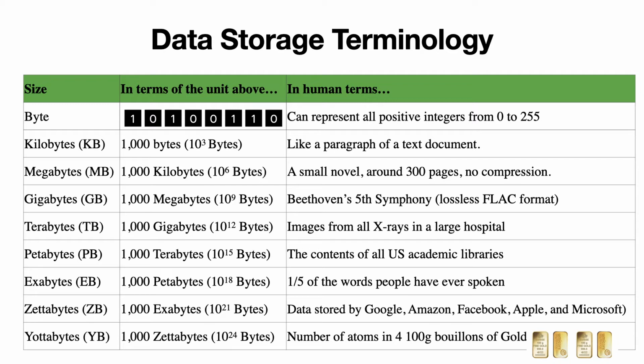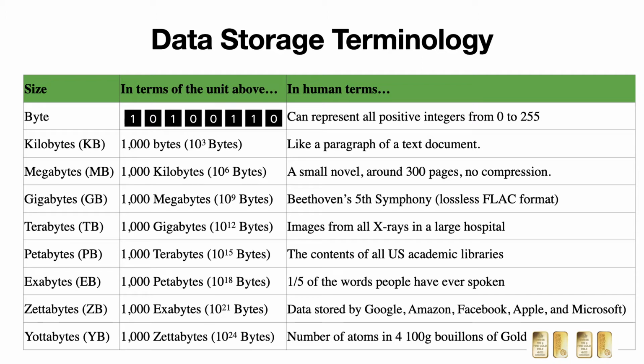But let's stick with this decimal progression for this discussion. So 1 kilobyte is around 1000 bytes. This is the number of letters that you can find in a big paragraph of text, more or less. So something like one page of a book.